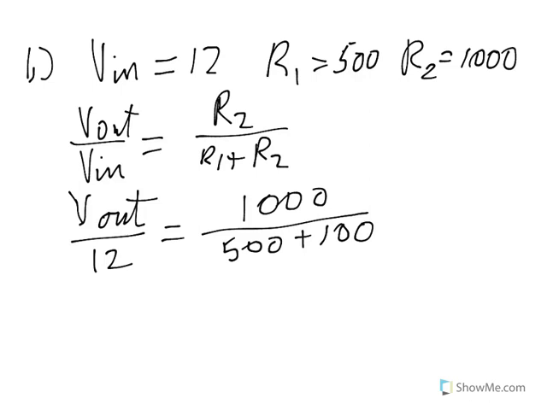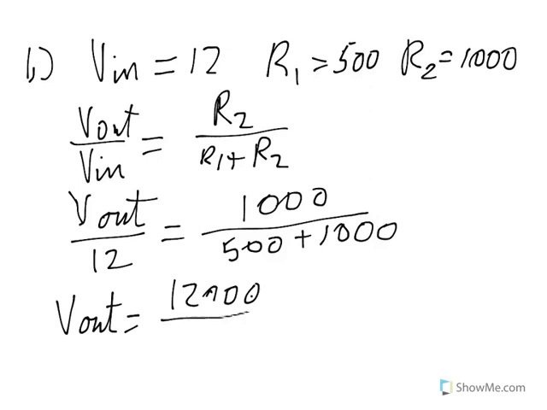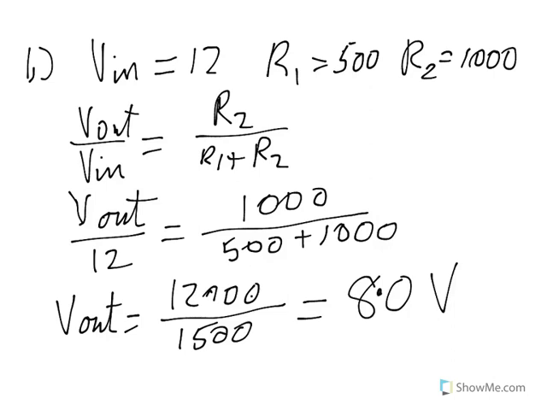And then times both sides by 12, so V out equals 12 times 1,000 is 12,000 over 1,500, and then when you get your calculator out, you find that that is 8 volts.